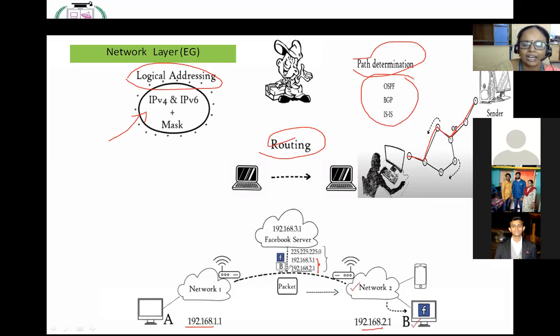It will receive the packet, identify which network is asking, and send it to that particular network. Is that clear? This is done by the network layer. There will also be a mask while I'm sending. So the network layer serves three purposes: logical addressing, routing, and path determination.